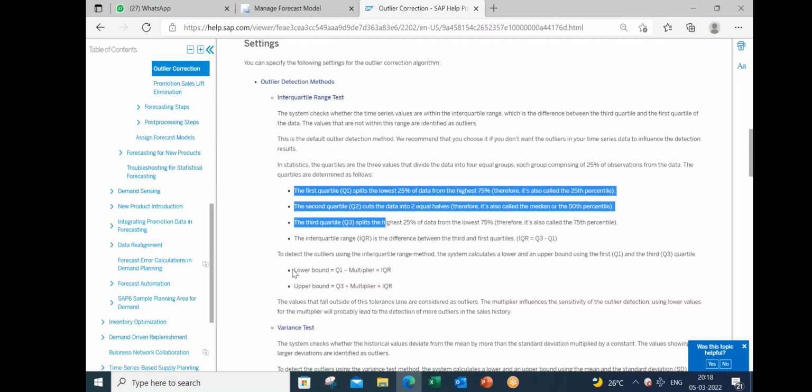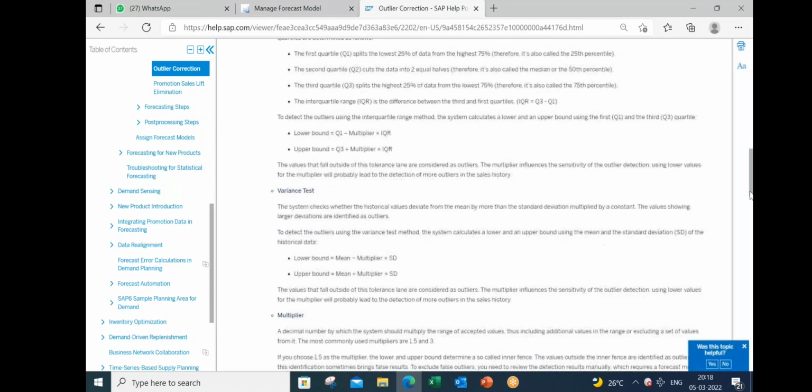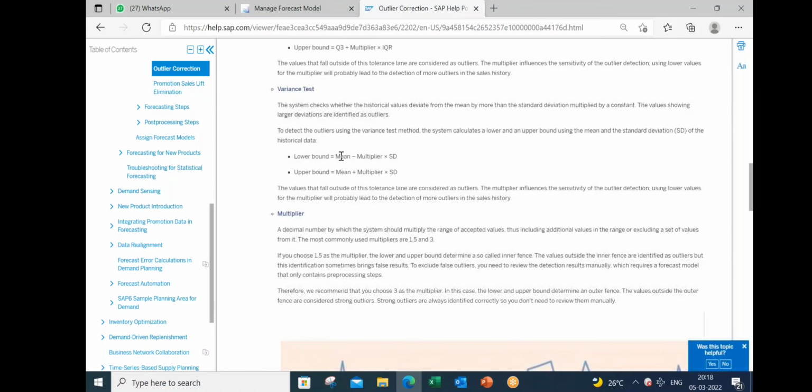Next you have given some multiplier, right? With that multiplier, it will multiply and form a lower bound and an upper bound, like a lower tolerance band and an upper tolerance band. So like that it will calculate in interquartile. In this variance test also, it is calculating the mean and a lower and upper band.